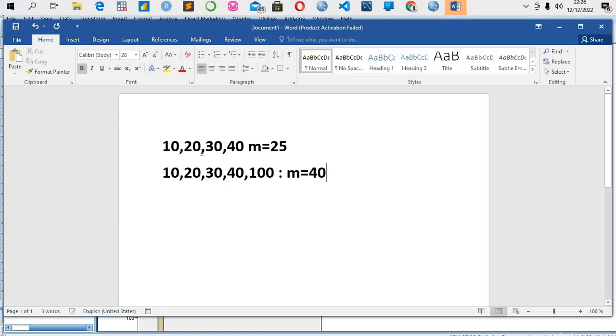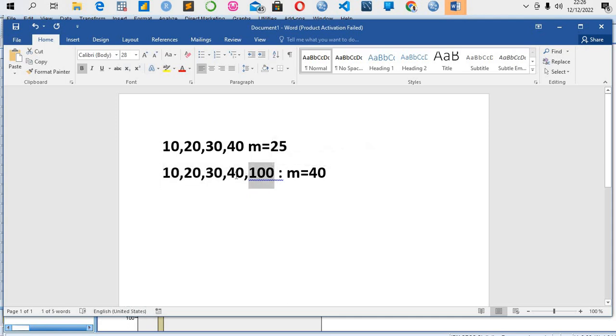When you look at this data set, which one shows how the data is well distributed? You realize the values are in kind of the same range, and they are reasonable to have the mean 25. But now the mean is very high, 40, because of only one value, 100.